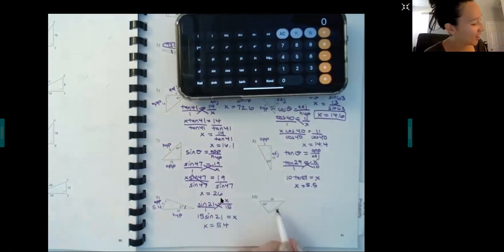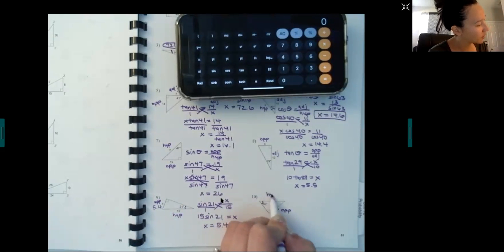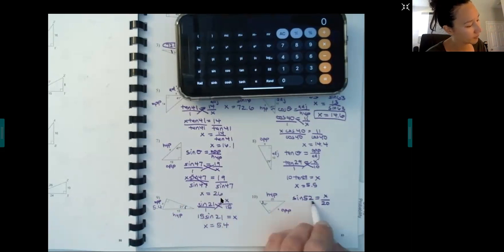Okay, and then number 10, here we have 52. So here's our opposite side, and here's our hypotenuse. It looks like we're going to be using sine again. So our angle 52 equals the opposite side, which is x, over the hypotenuse, which is 20.